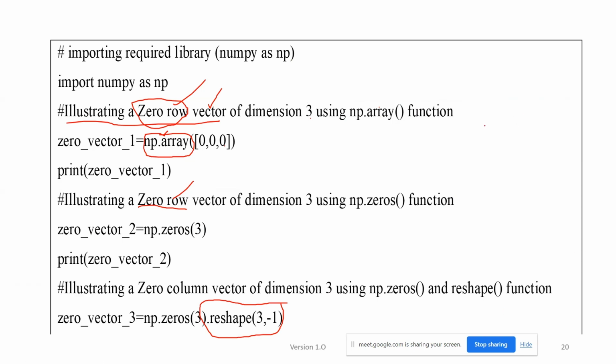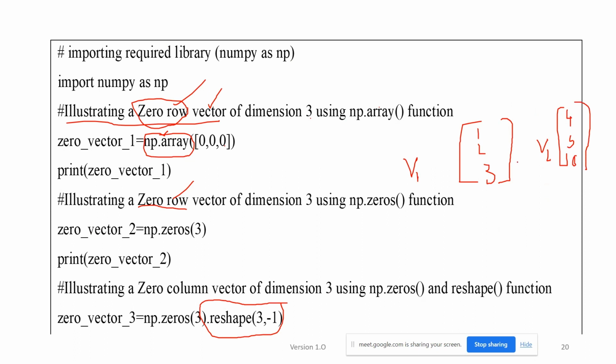Say for example, I have a vector. When we are dealing with vectors, mostly vectors are column vectors. So I have a vector like 1, 2, 3, vector 1. And I have another vector, vector 2, which has values like 4, 5, 6.